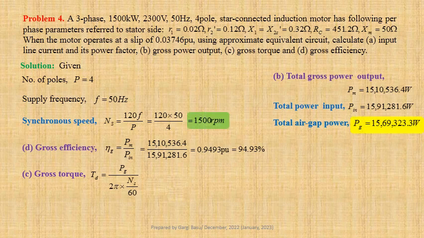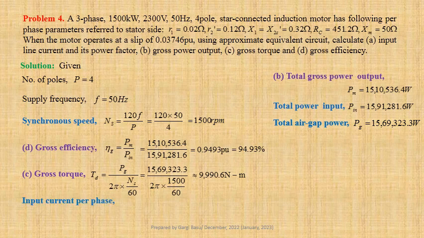Therefore, TD equals 15,69,323.3 divided by 2 pi into 1500 by 60, which is approximately equal to 9,990.6 Newton meter.